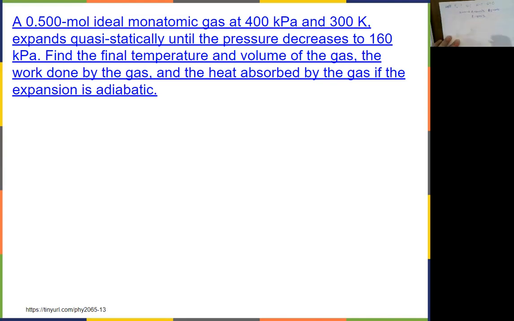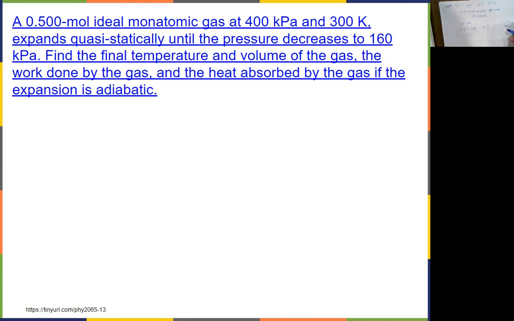For an adiabatic process of an ideal gas, PV equal to nRT still applies here, and also PV to the gamma is equal to constant, where gamma is equal to Cp over Cv.